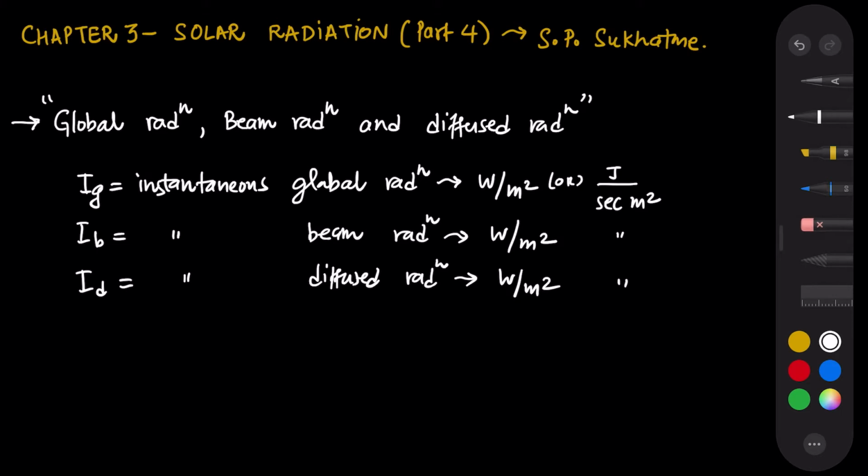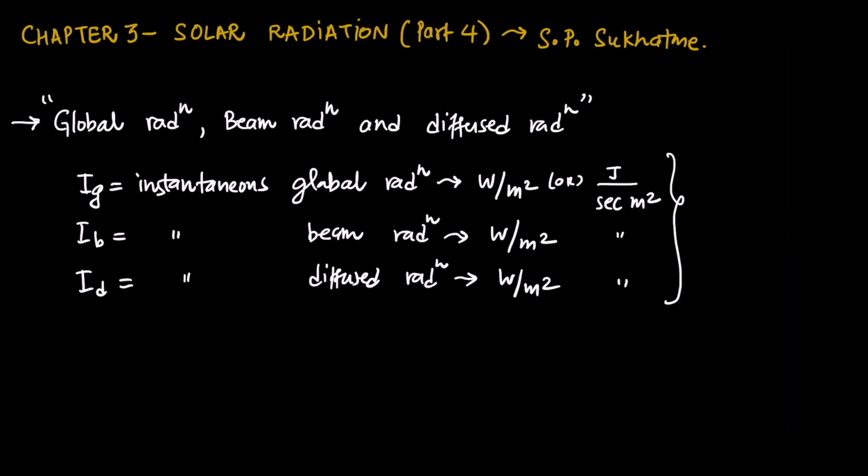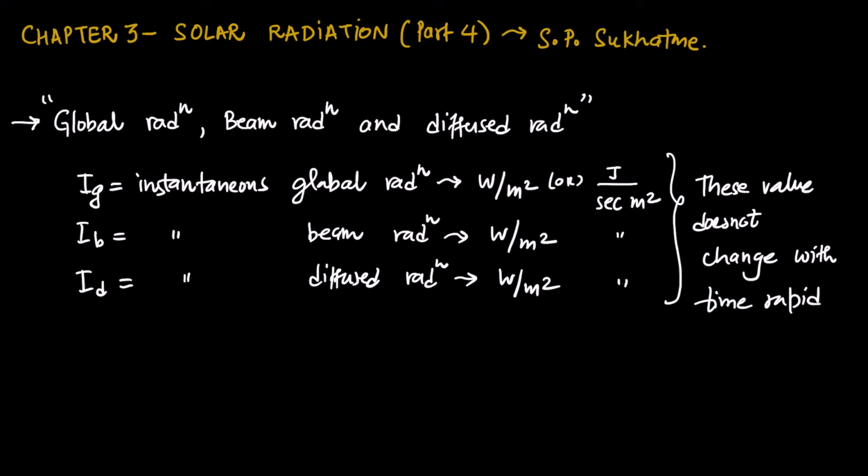Now, these three values do not change rapidly with respect to time. For a change of time of 1 second, these values do not change rapidly. Hence, we calculate these three values on an hourly basis, because on an hourly basis the change is visible.